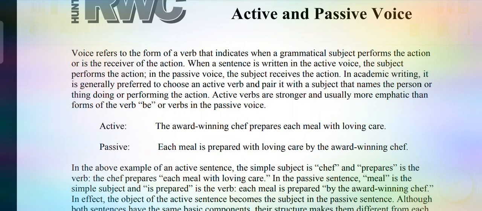In the passive voice, the subject receives the action. In academic writing, it is generally preferred to choose an active verb and pair it with the subject that names the person or thing doing or performing the action. Active verbs are stronger and usually more emphatic than forms of the verb be, which are verbs in the passive voice.